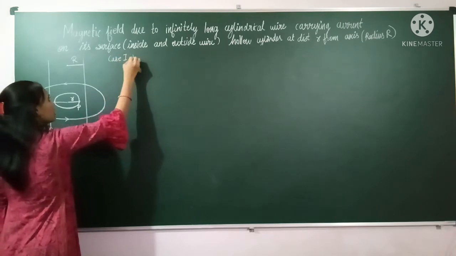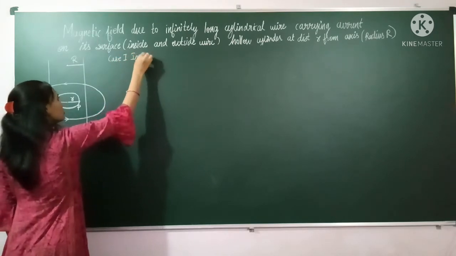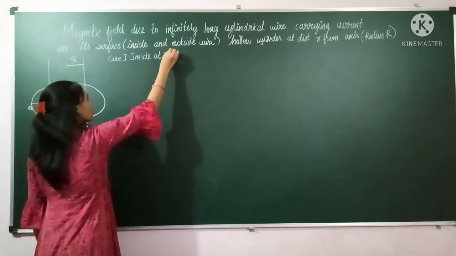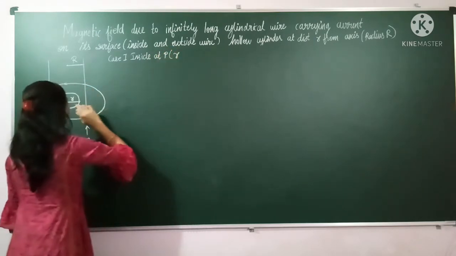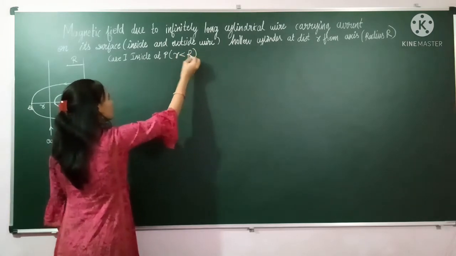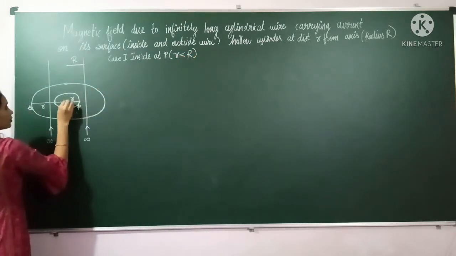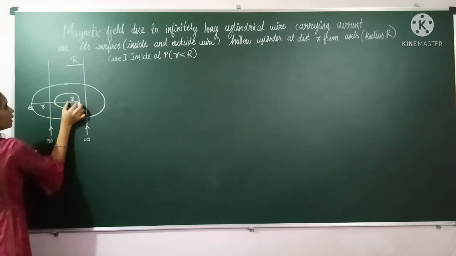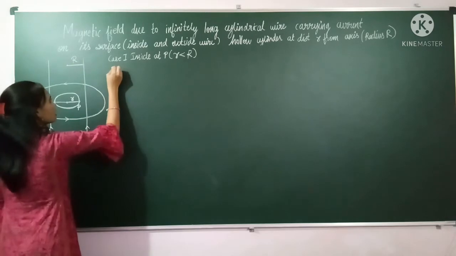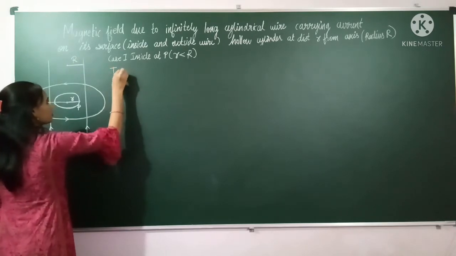In case 1 we take inside, at P, where the r value is smaller than the radius of the cylindrical wire, meaning this is the center and this r value is smaller than the radius of the cylindrical wire. Next I will take the top view.